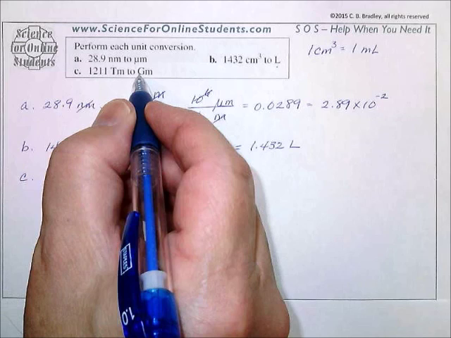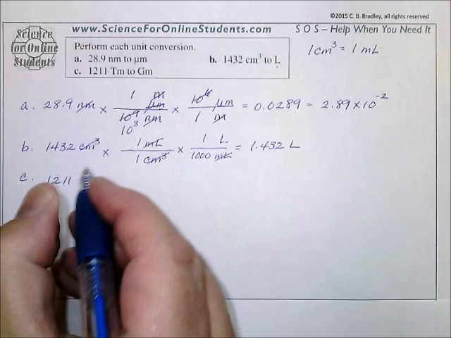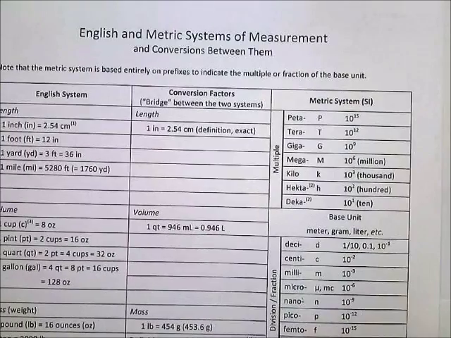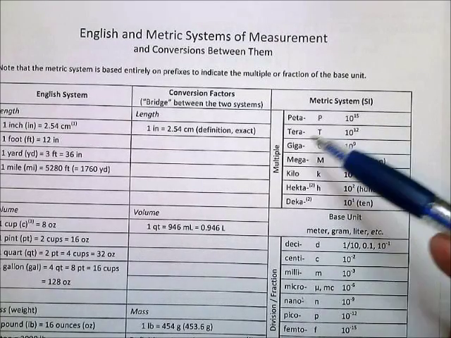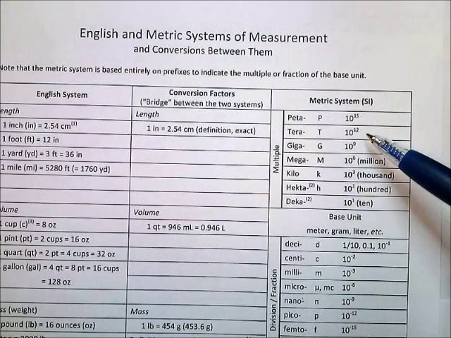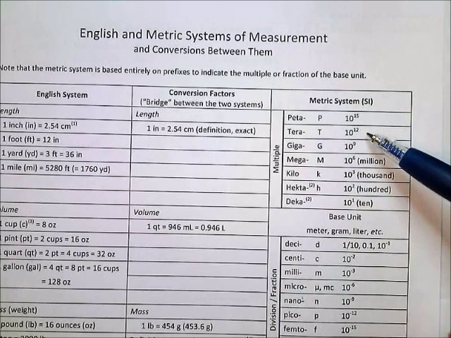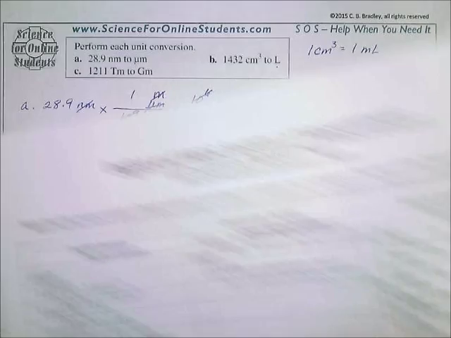terameters to gigameters. And again here, giga is 10 to the 9th, tera is 10 to the 12th. Gigabytes is a common unit in computer memory and storage units these days. Terabyte drives are becoming common and cheap. Multiple terabytes. After that, we have petabytes.